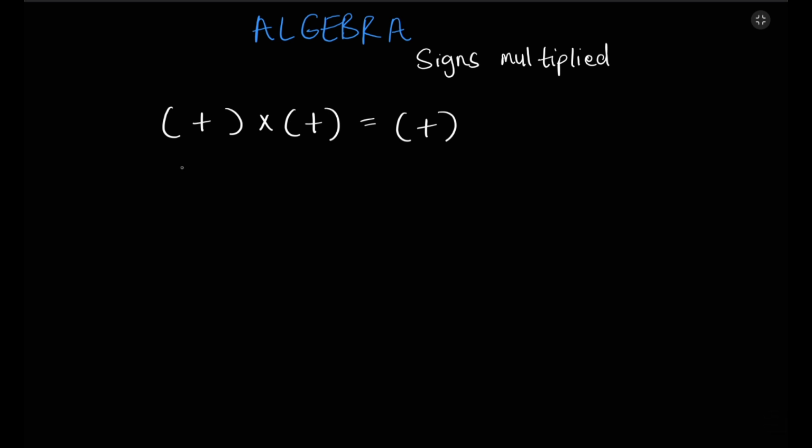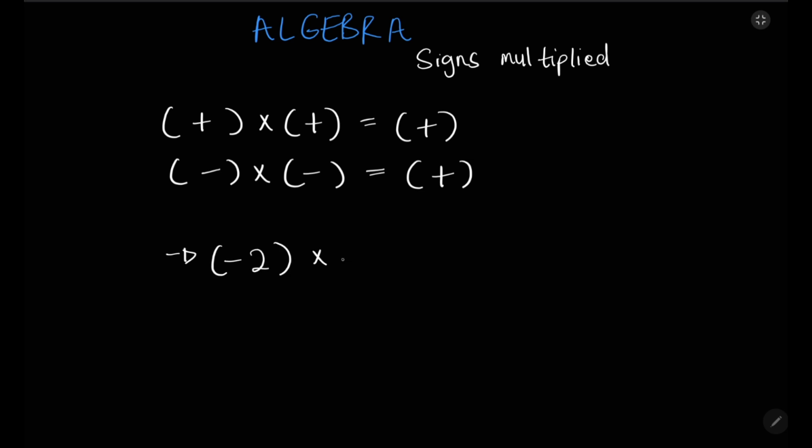But if you have negative times negative, your answer will always be positive. For example, if you have negative 2 times negative 2, your answer will be positive 4.